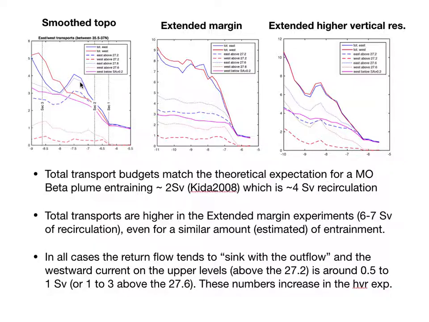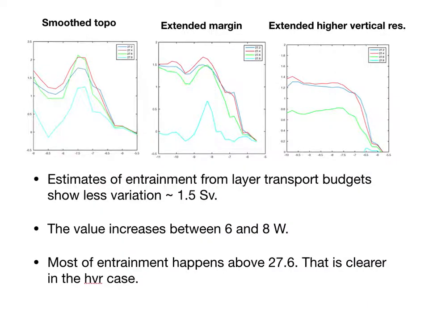In any case, if we do the same estimates for the entrainment, I recall that what we do here is a budget above a given isopycnal. We compute everything that goes in one direction and what is recirculating, and then we extract the value of the inflow itself. The difference should correspond to the flow that is actually going vertically from one isopycnal level to the other.